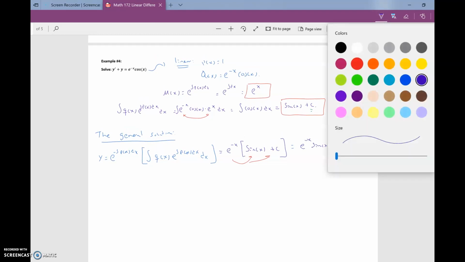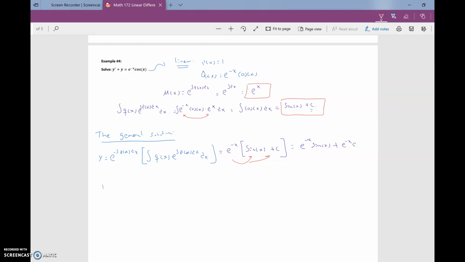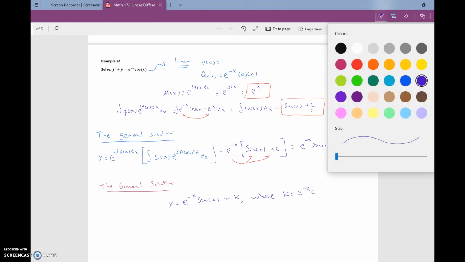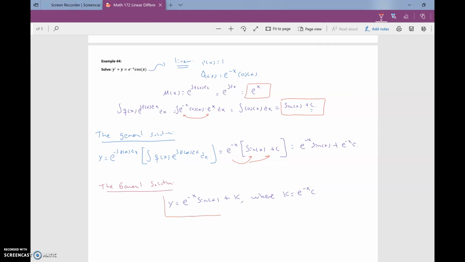So the general solution is just going to be, I'm just going to rewrite it as y is equal to e to the negative x sine of x plus k, where k is equal to e to the negative x c. So I'm just expressing that as a constant, but this is our final solution.